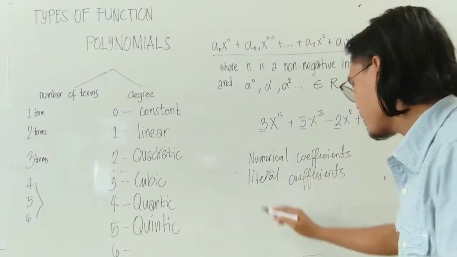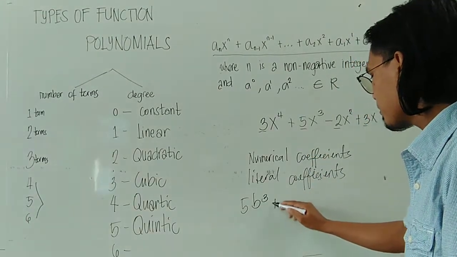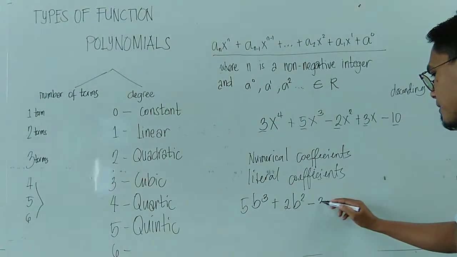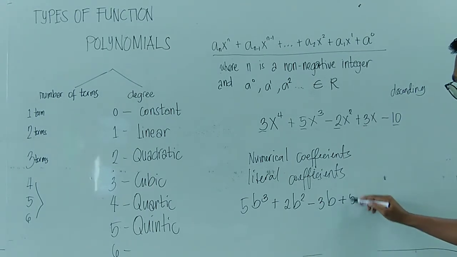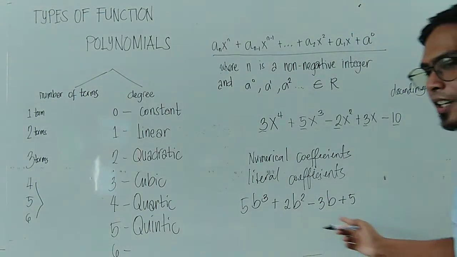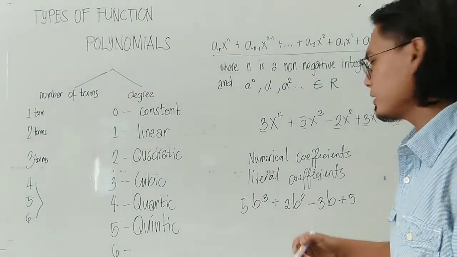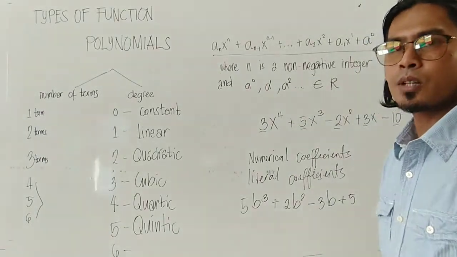In other examples, we can write it as 5b cubed plus 2b squared minus 3b, for example, plus 5. Okay? That is what a polynomial looks like. It is just somewhat difficult in our general form.